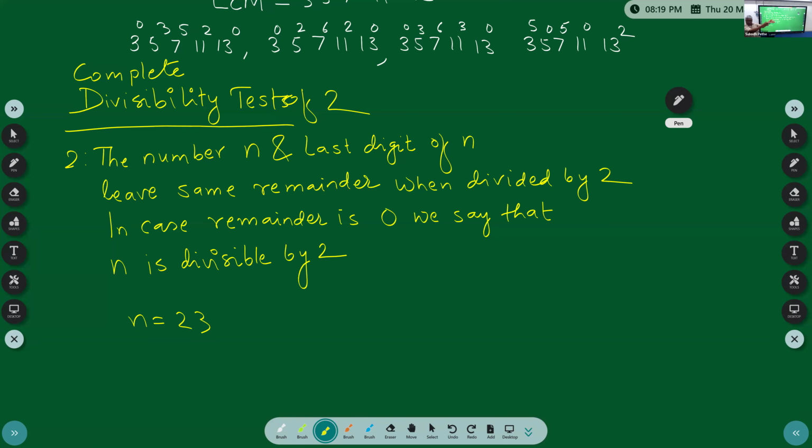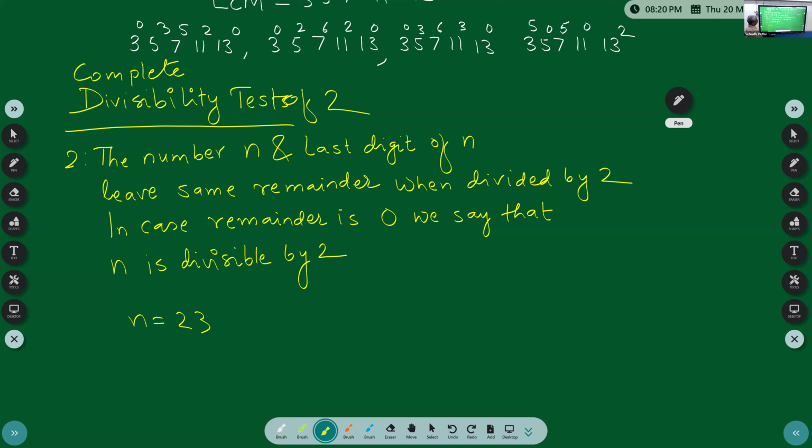The divisibility test says don't divide the entire number by 2, divide the last digit by 2. If you get remainder 0, then 2 is a factor. If the remainder is 1, then it is not divisible by 2. In the case of 2, it sounds stupid, but it is very important because exactly the same wording is going to be useful for so many other tests.